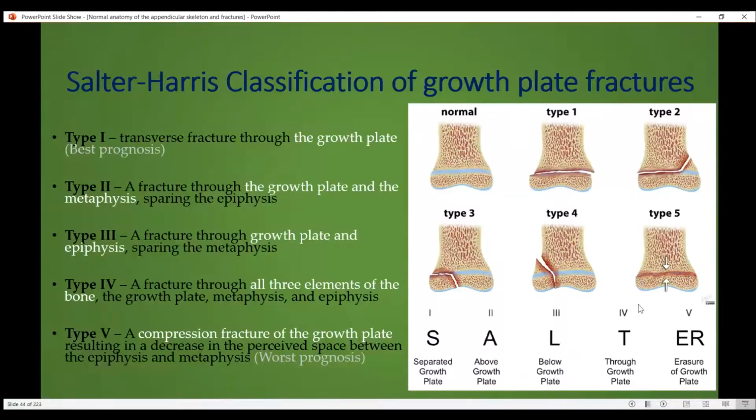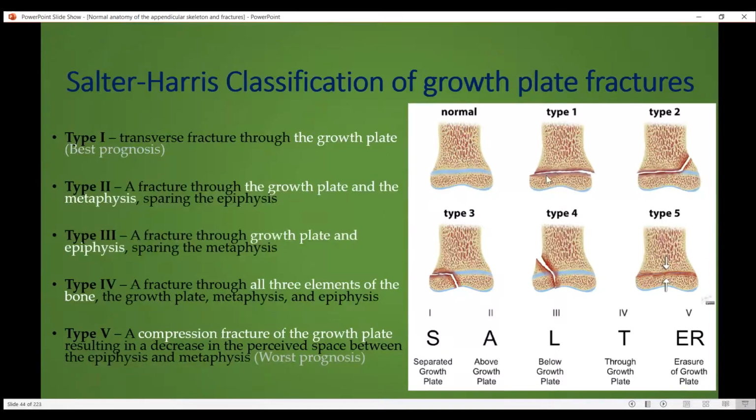Let me repeat once again. Listen carefully. Normally we have a growth plate, proximal to it is the metaphysis, and distal to it is the epiphysis. In Salter-Harris type 1, only the growth plate is fractured.